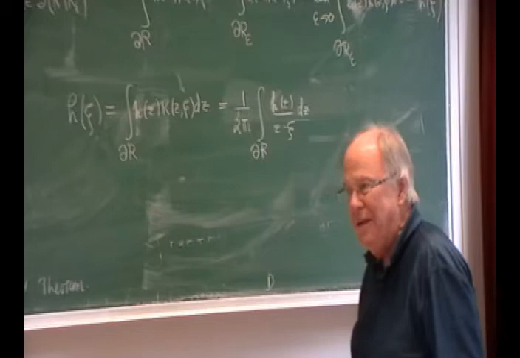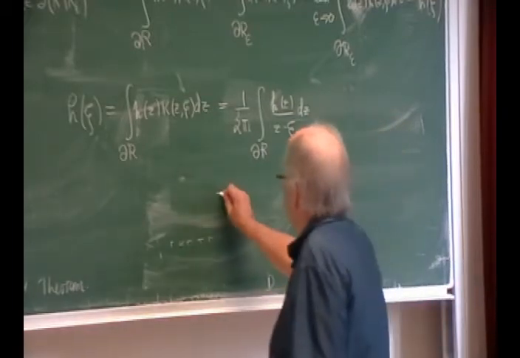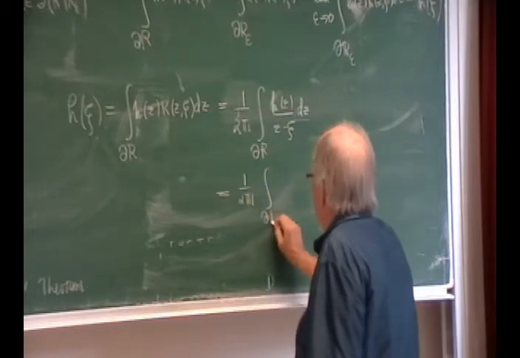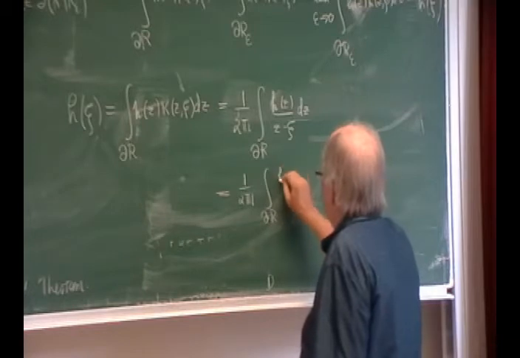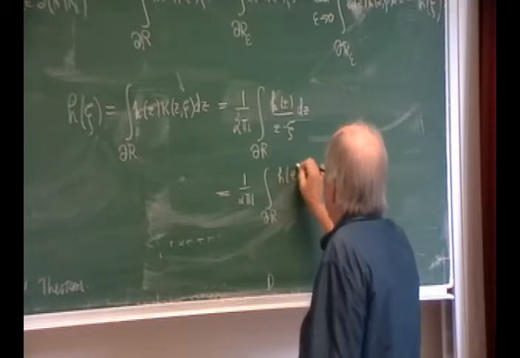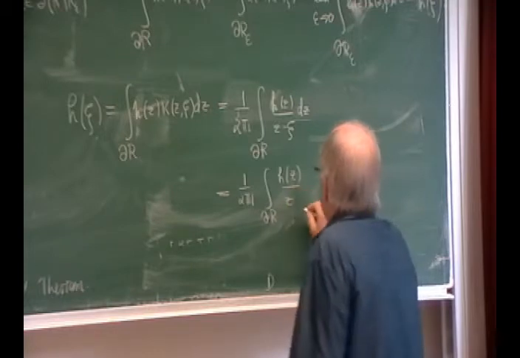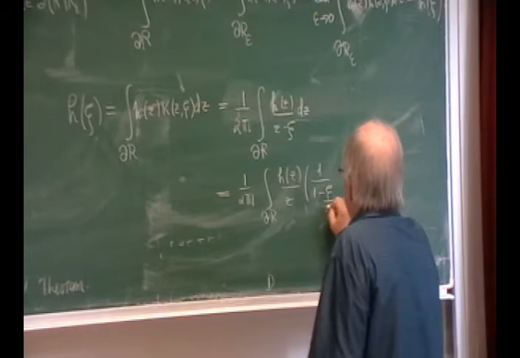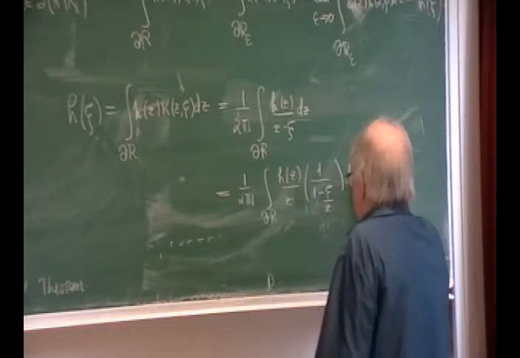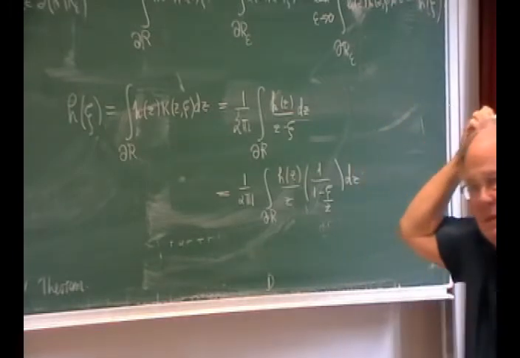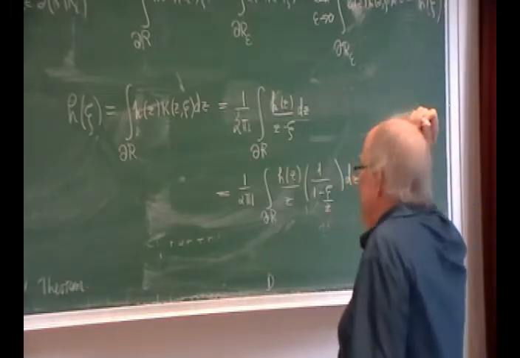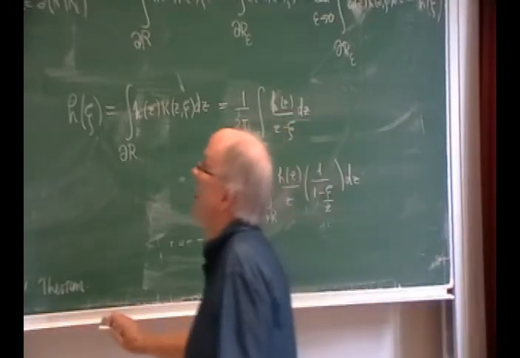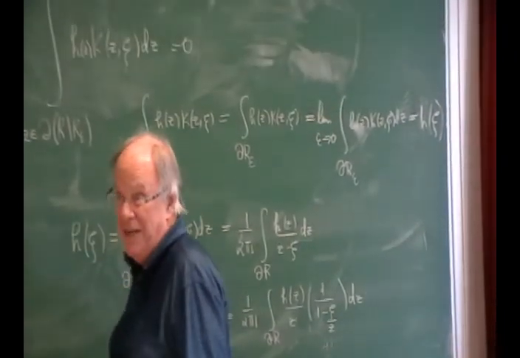Now watch. 1 over 2 pi i, integral around the boundary of R, h of z over z, I factor out a z, 1 over 1 minus zeta over z, dz. Well, z is very far away from zeta.